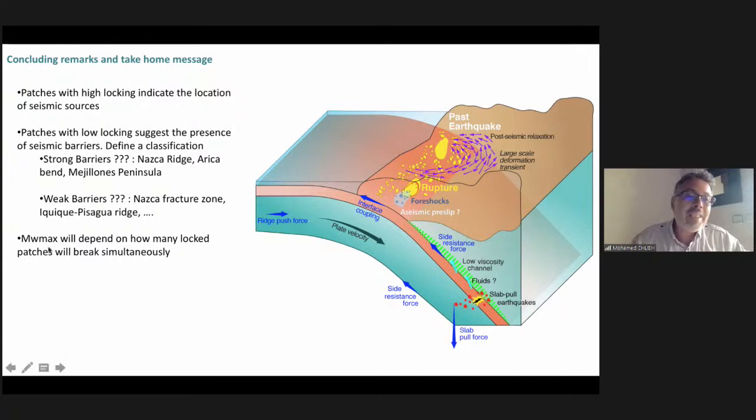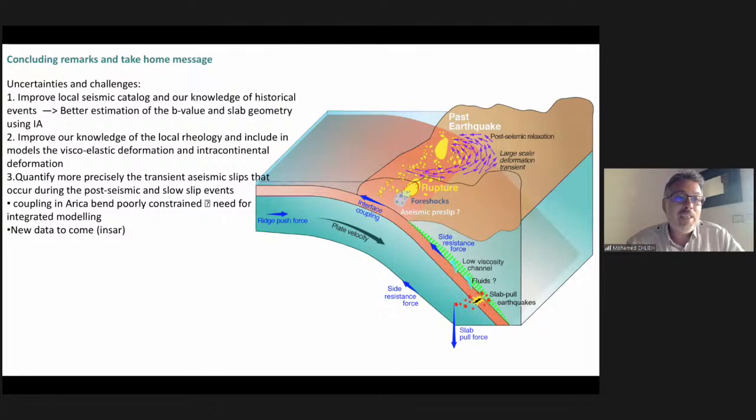So the maximum magnitude earthquake, as you all understand here, really depends on how many asperities will break together, individually, and the ability of the rupture to jump like an animal the different barriers that we have here.